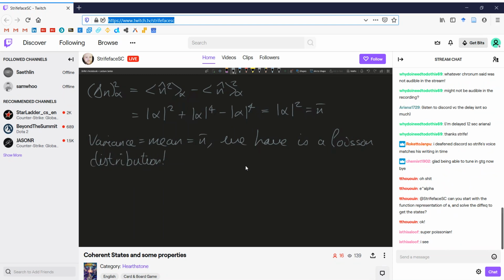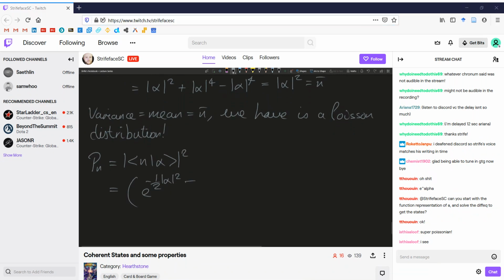But anyways, is this a Poisson distribution? Well, we're going to find out. We know that the probability is the modulus squared of that projection of the coherent state onto the nth state.